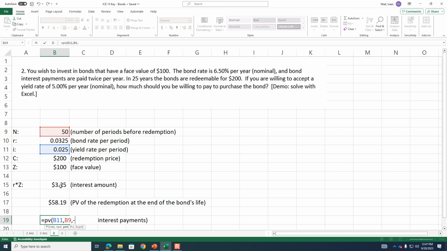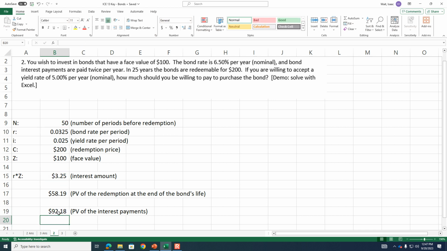So I'll put minus of this interest amount, and I'll find out the present value of the interest payments. So $92.18 is the present economic equivalent of having 50 payments of $3.25 over time. If you discount all of those payments of $3.25 every 6 months for 25 years, the present value of those payments is $92.18.